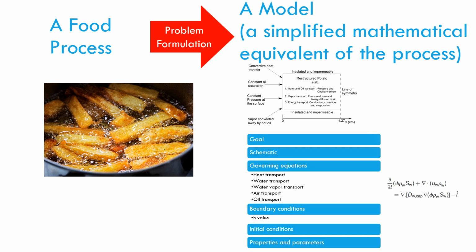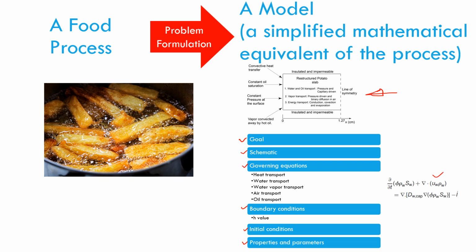So for example, what is the goal, but also a schematic like this one, and the governing equations that may look like this, or the boundary conditions, initial conditions, and properties and parameters.